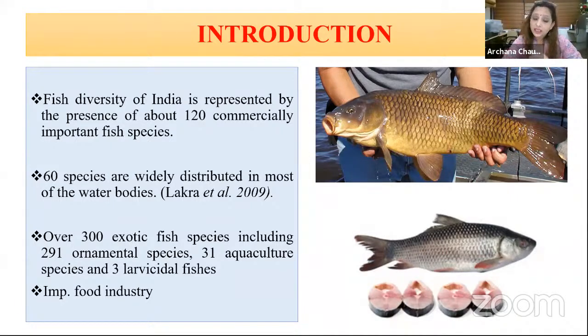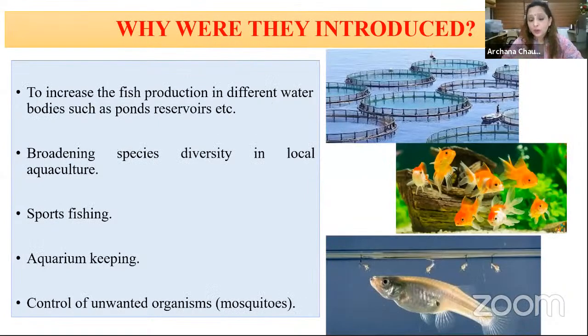In addition to this, there are 300 exotic species, which include 291 ornamental species, 31 aquaculture species, and 3 larvicidal fishes, which have also been introduced in India from different areas. So the question is why they have been introduced.